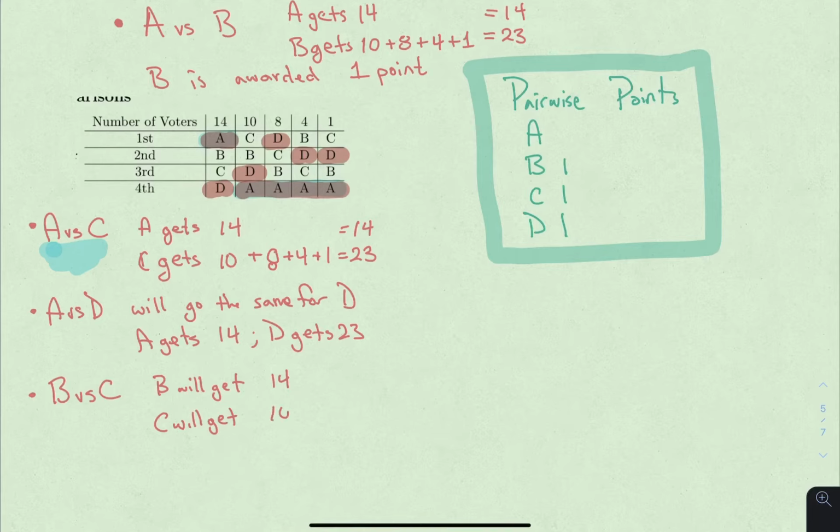C will get the 10 people from the second, and the 8 people from the third column. B will get the 4 people in the third column. And C gets that last one.